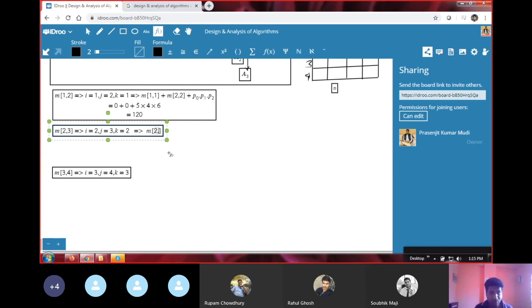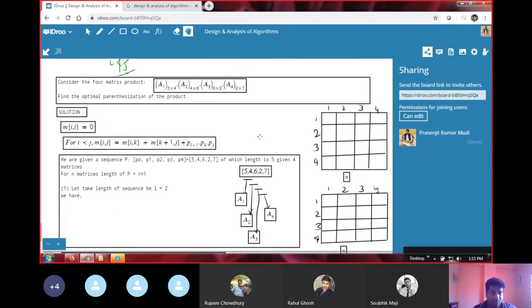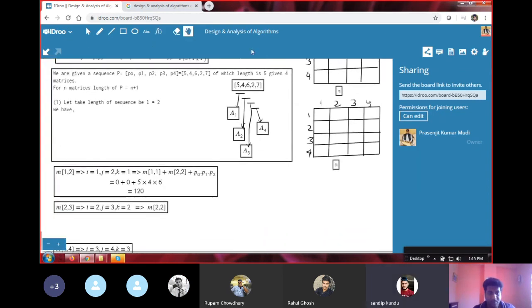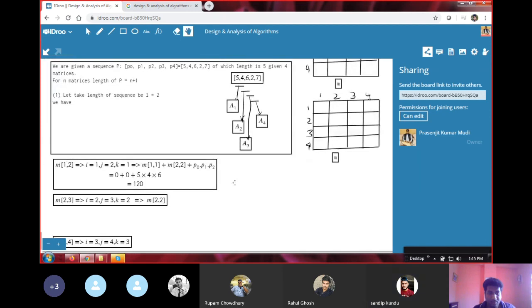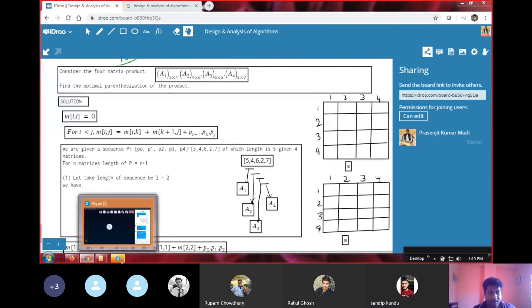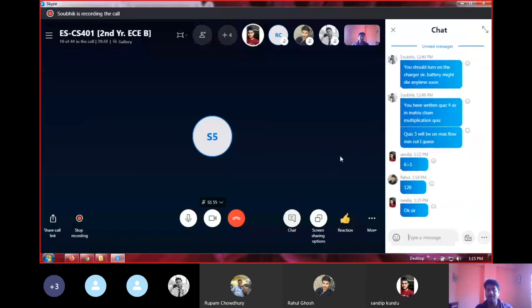Sir, why is M11 0? See, Mii equal to 0. Are you asking me why Mii equal to 0? Anyone want to share the answer? What is the logic behind this Mii equal to 0? Anyone want to answer why Mii equal to 0?